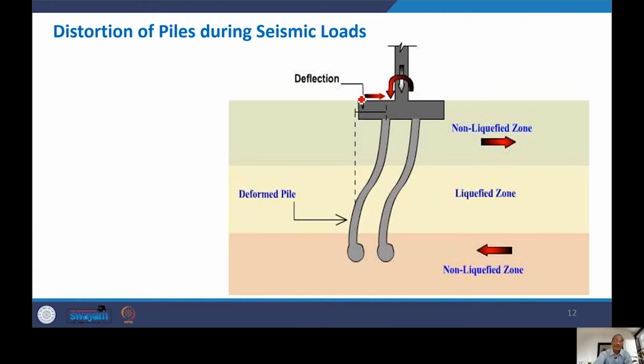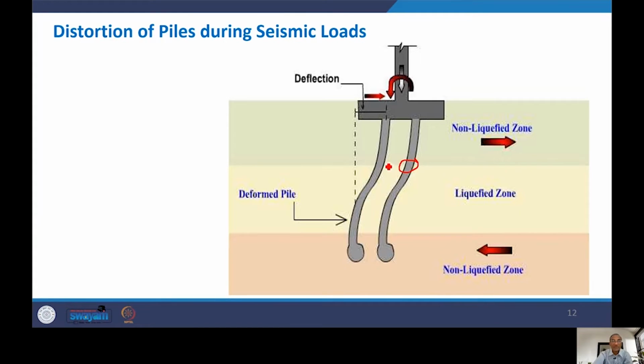Loads are applied in the horizontal direction, in the vertical direction, as well as rotational, which is what we call the moment on the pile cap. Once these loads are applied, because there is a junction between non-liquefiable and liquefiable zones, more stresses will come at this junction.